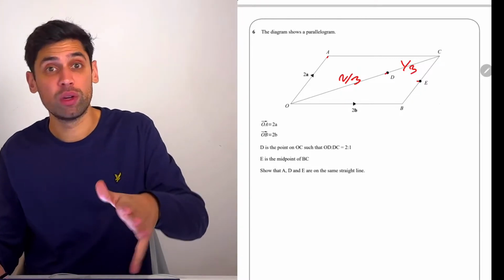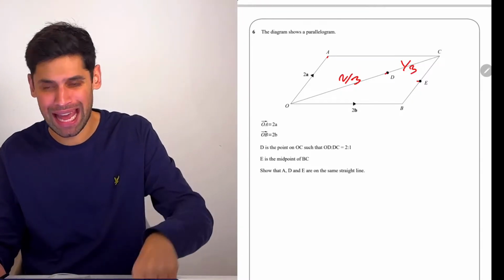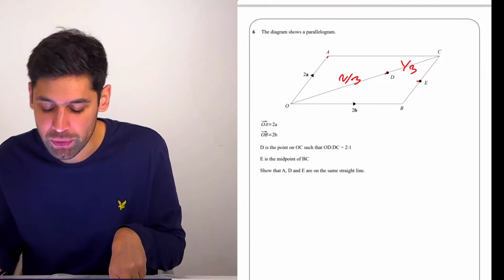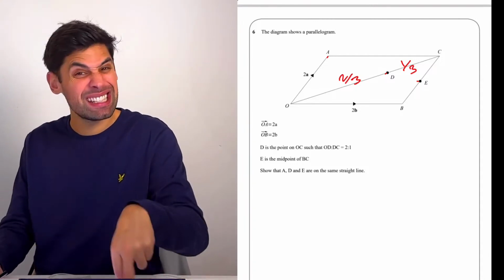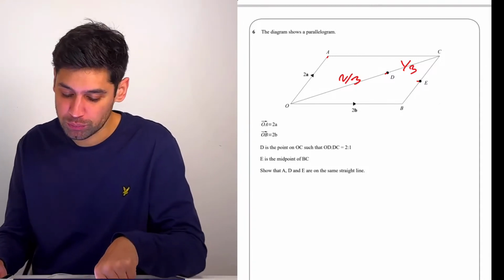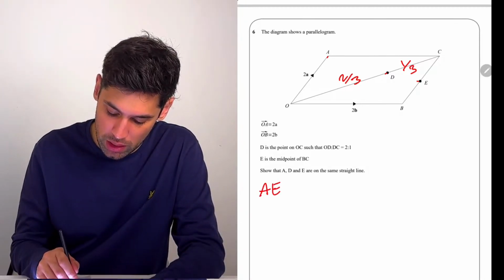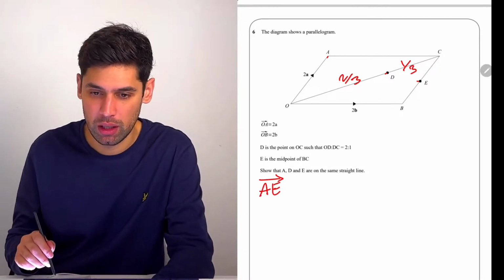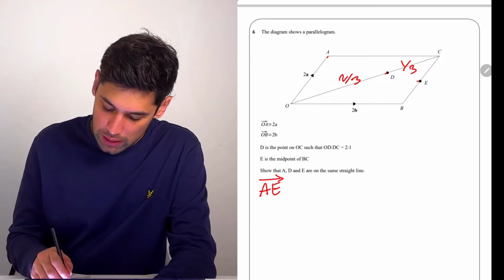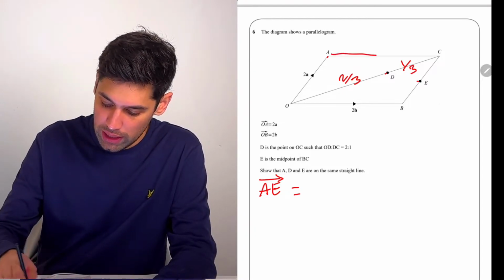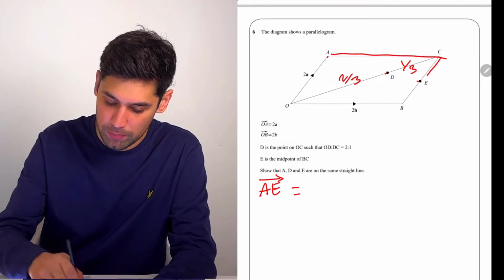So as we know, we're just going to find two of those vectors. Probably A to E is going to be really, really simple, and then maybe A to D as well. So let's start with A to E. AE is, let's go along here and then down there.